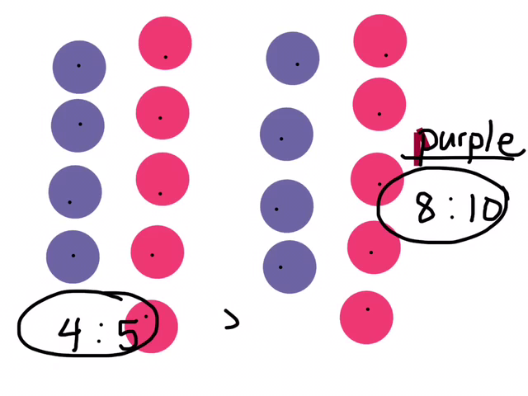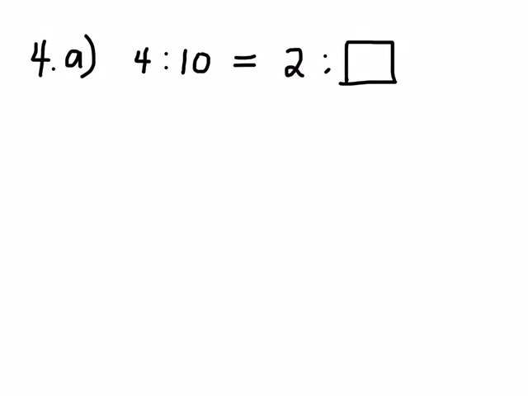And my ratio is comparing purple to pink. So we have 4 to 10 is equal to 2 to something. Well, let's look at the first terms in the ratio. What are my first terms in the ratio? So in 4 to 10, what's the first number written? 4, right?